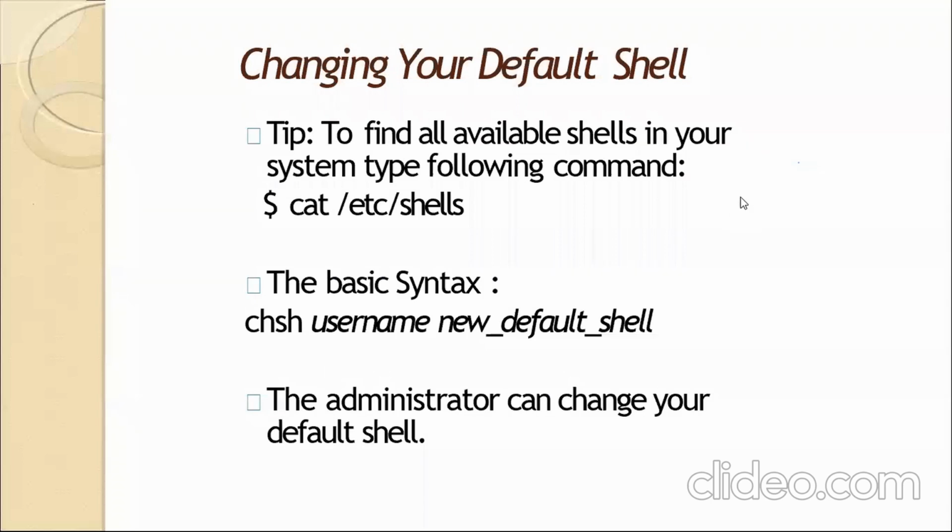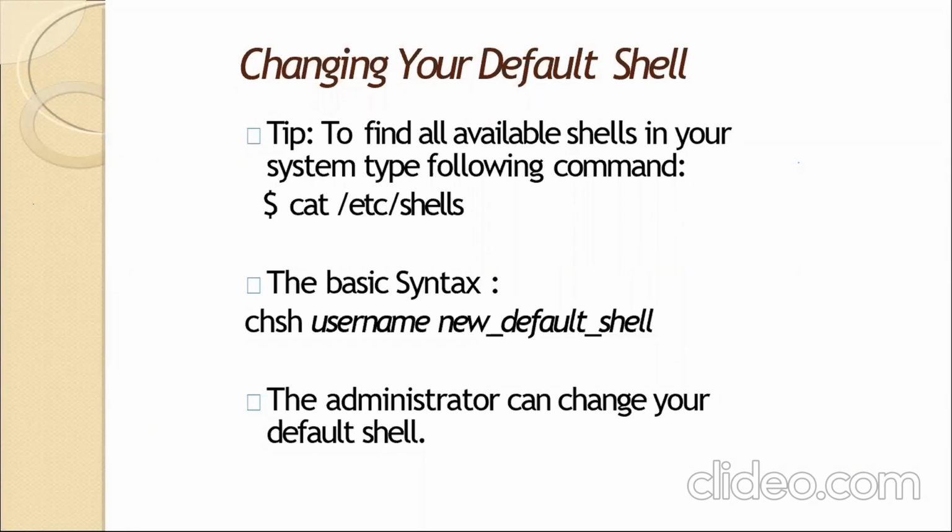So how do we change the shell? To find all the shells available on your system, type the following command. This command uses cat. The cat command displays information. Suppose cat snd.c, it will display the C file snd.c that you created.